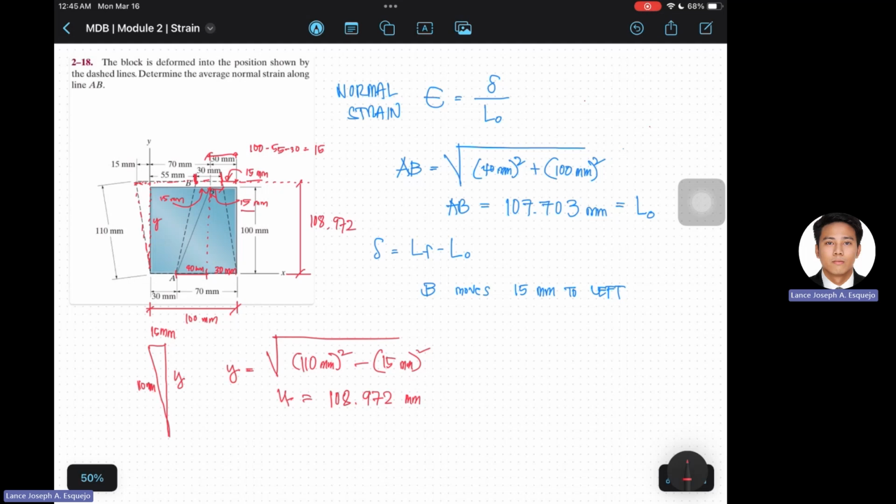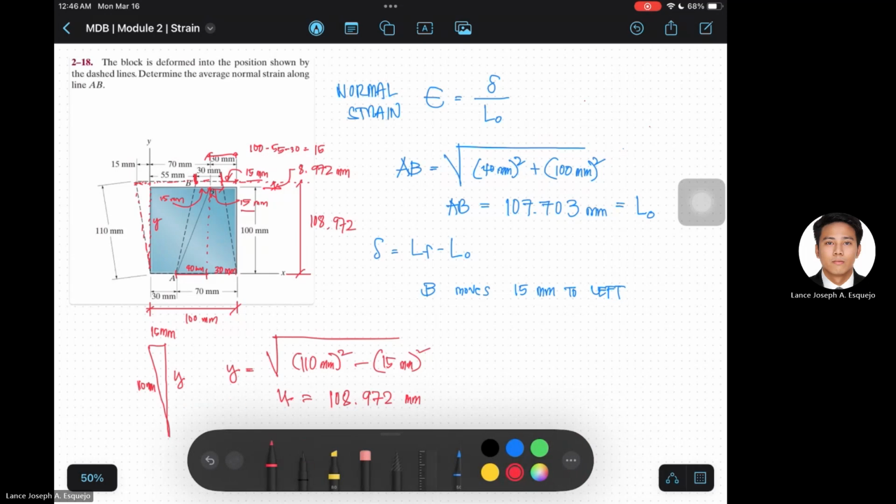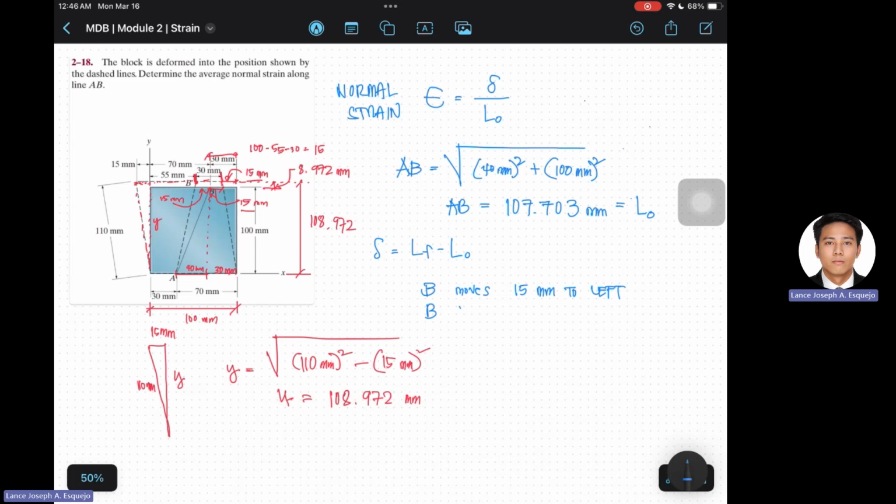And that means that B moves by the difference of 108.972 and 100. So B moves 8.972 millimeters upward. Sulat natin here. B moves 8.972 millimeters up.